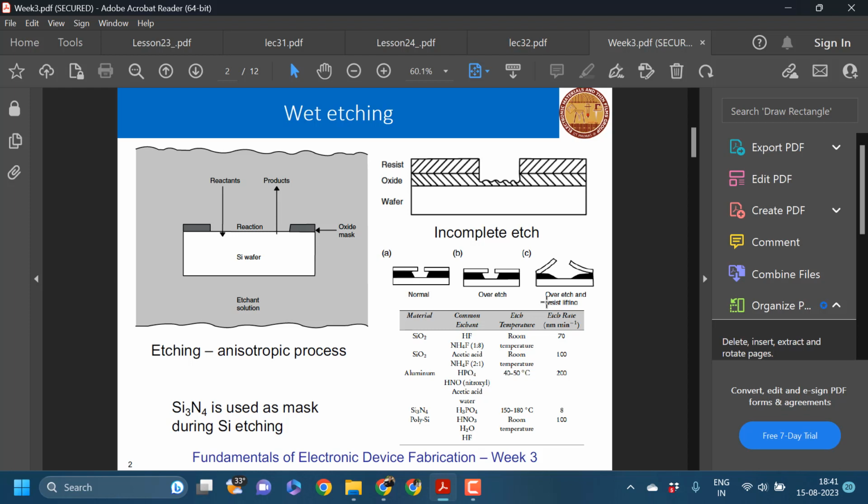And wet etching is usually used for large pattern sizes that are greater than 2 microns. For smaller and much more intricate features, we usually use dry etching. So wet etching, can anybody tell me, is it an anisotropic process or an isotropic process?